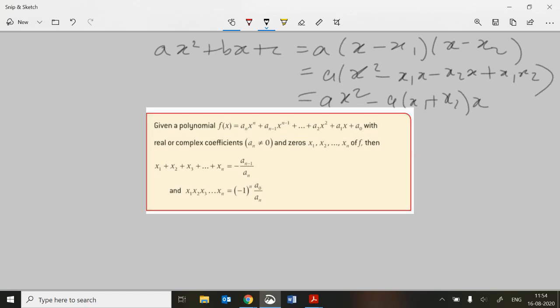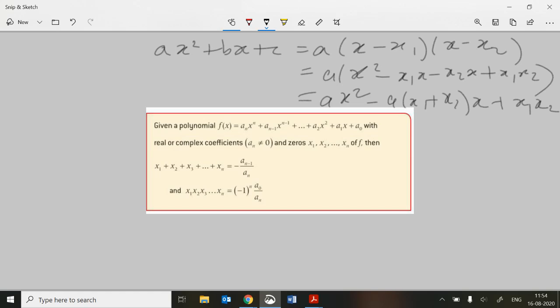Hopefully you can see that that gives us each of our middle terms there. So we've got a lots of x1 times by x plus a lots of x2 times x, and so that's the two middle terms factorized, and then we're bringing in the a, and then we've got the x1 and x2 on the end as well.